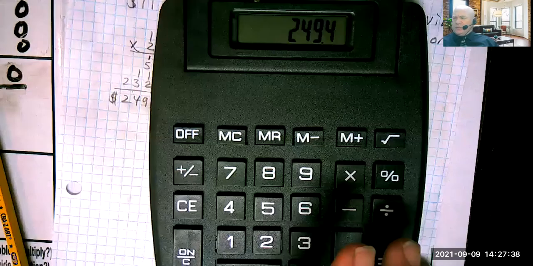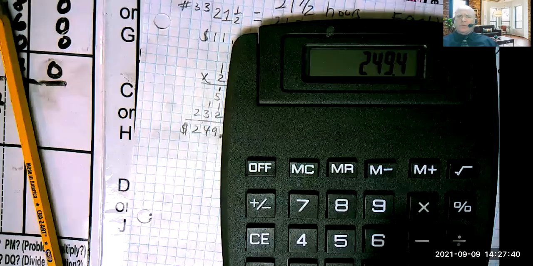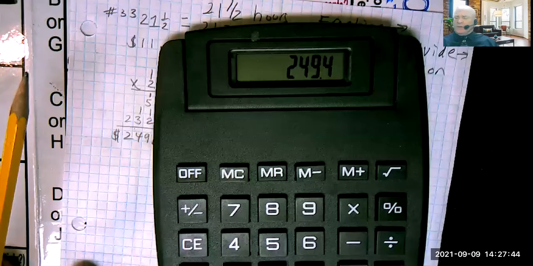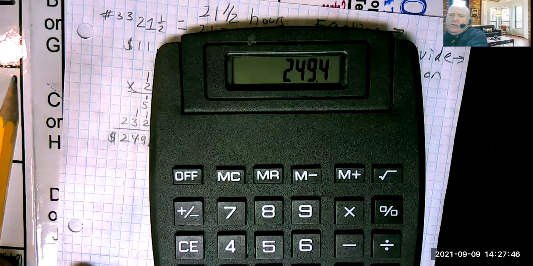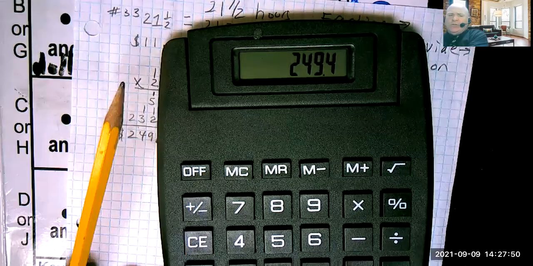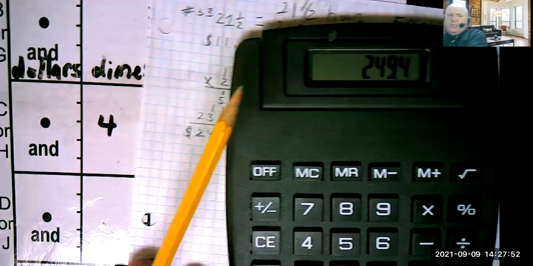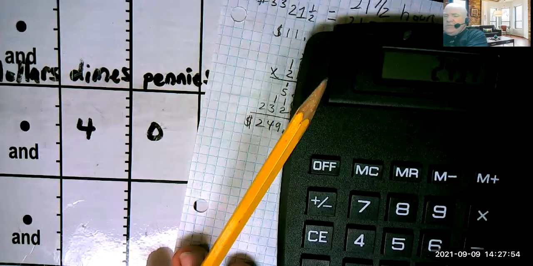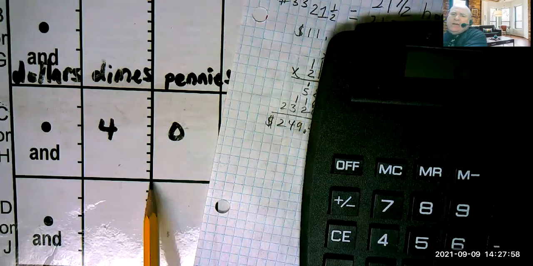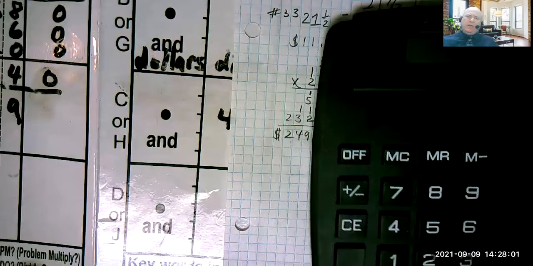So your students could either put 249.4 and the Scantron, the computer would mark it correctly, or $249.40. From my understanding, both answers would be correct.